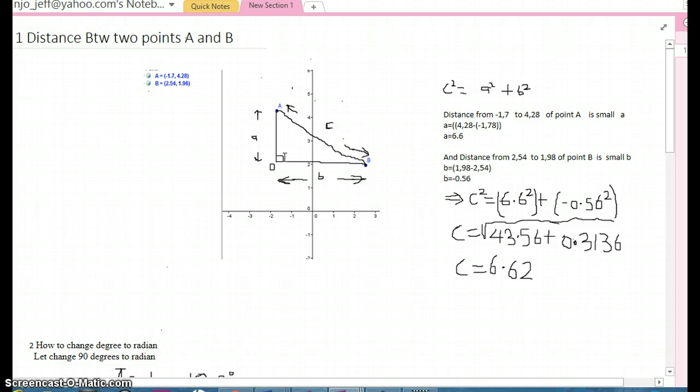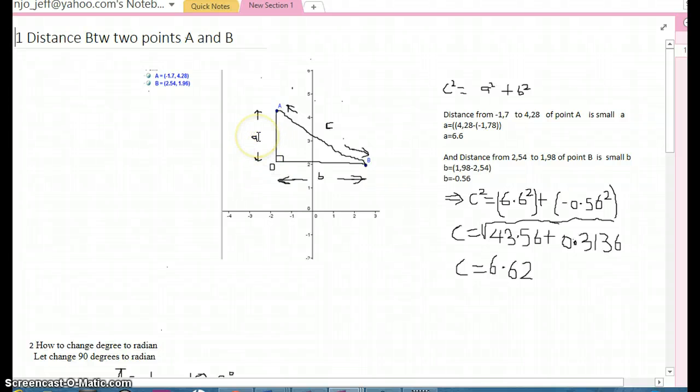So we know generally from mathematics that in a right angled triangle, as we have here A, B, C, the square of the longest side, which is C, is equal to the sum of the squares of the two remaining sides.